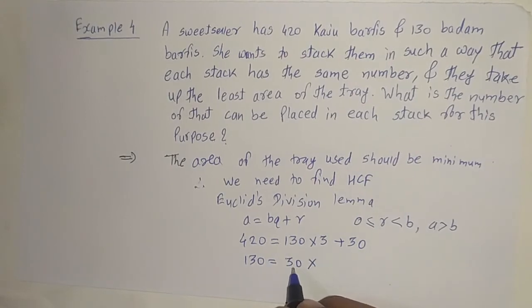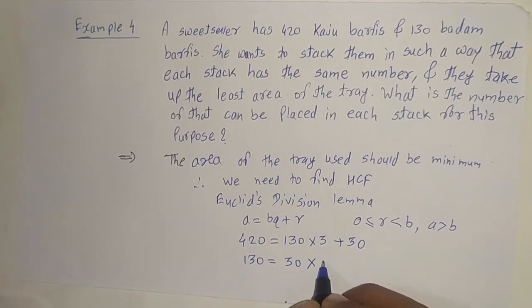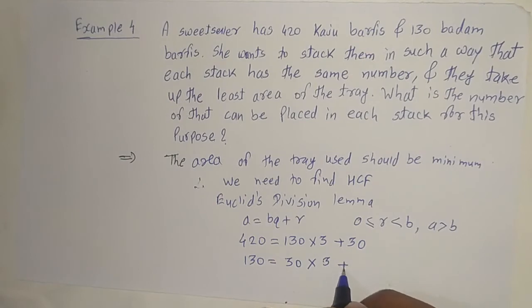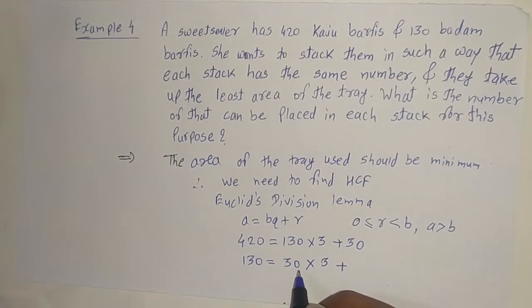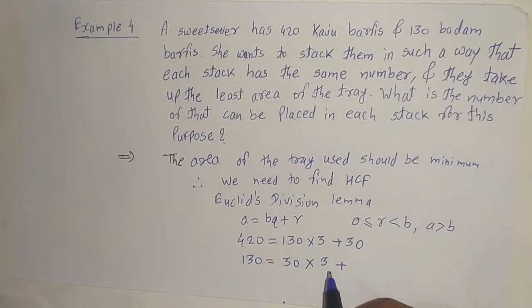What will be the quotient? If we multiply 30 by 4, it will be 120. So it is around 130. Okay, sorry, you can multiply 30 by 4 directly.